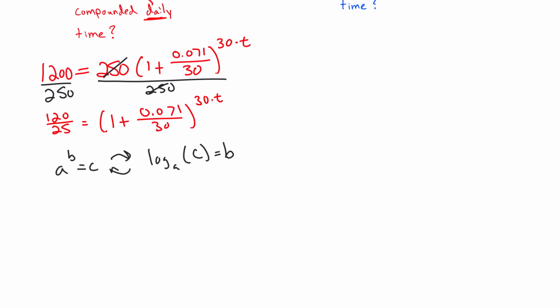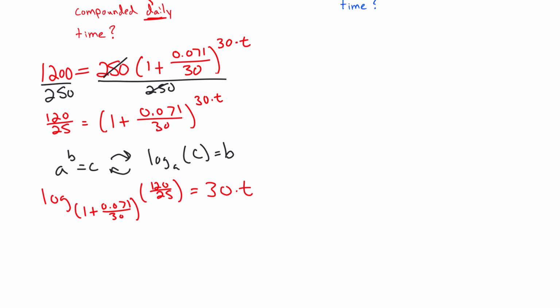So for this problem, it's not going to look pretty, but it is going to be correct. Log base 1 plus 0.071 over 30 of 120 over 25 is equal to 30 times t.